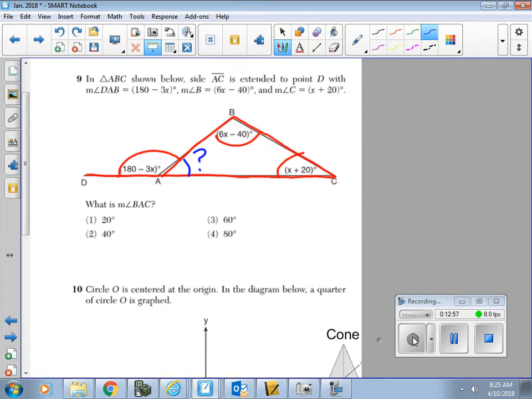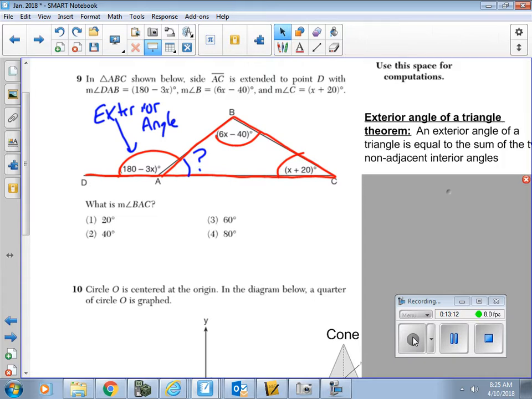There is a theorem or a rule when you're given the exterior angle. This here is an exterior angle. All right, exterior angle of a triangle. And here's a rule that I want you to write down, okay? The exterior angle of a triangle theorem, all right?